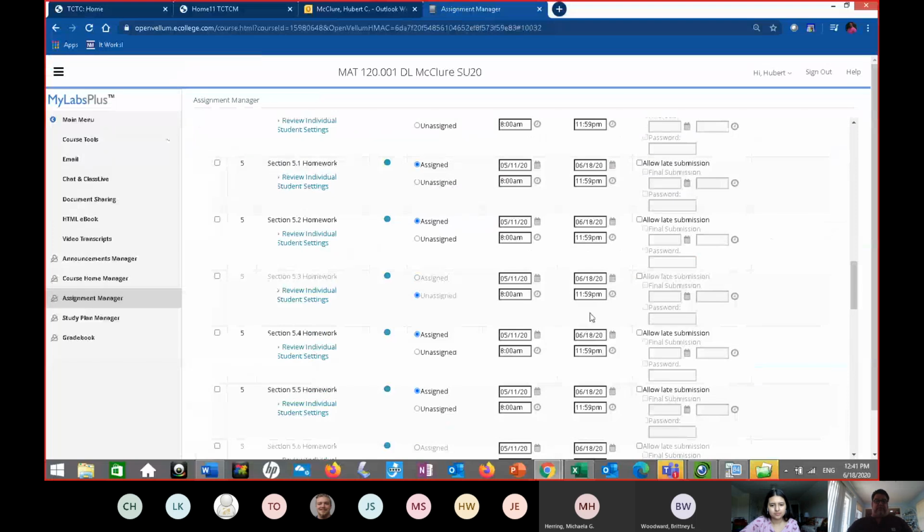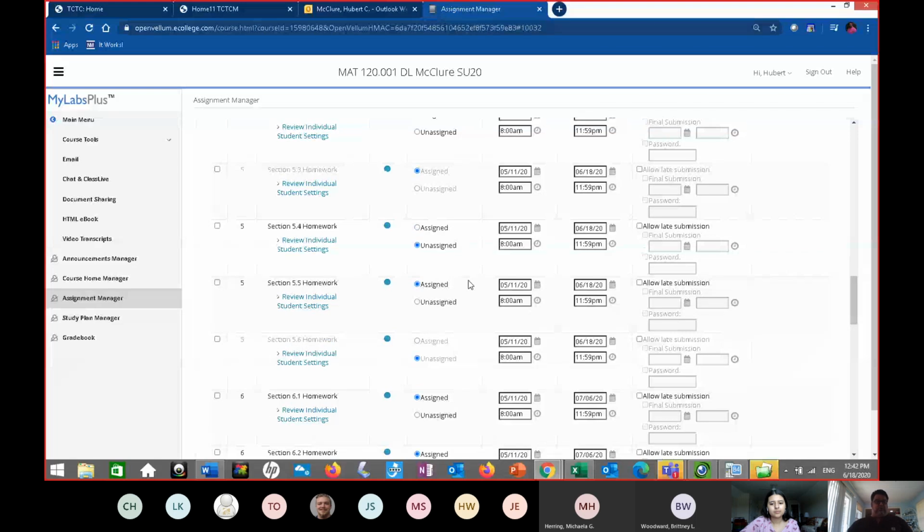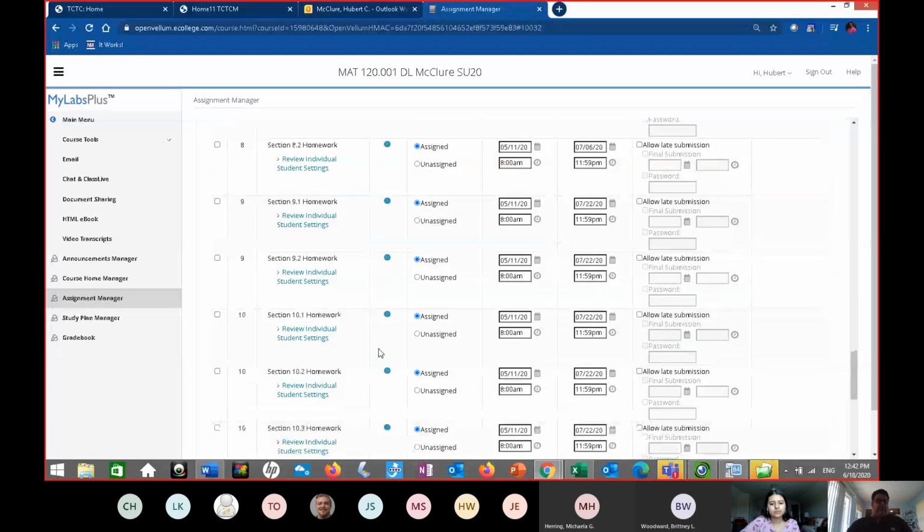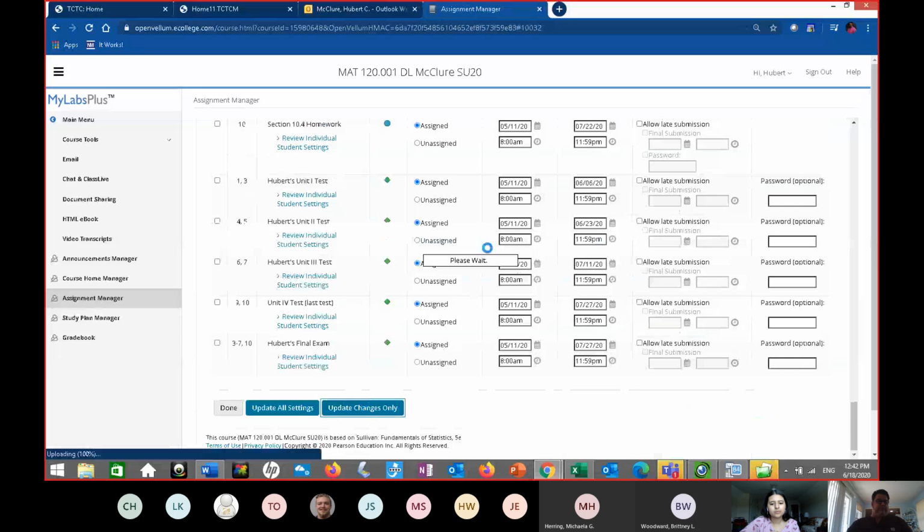I need to assign 5.3. And I need to unassign 5.4. And that should be fixed. And then I got to go back in and change it. Because if I don't change it in the grade book, it's not going to show up in your grade.